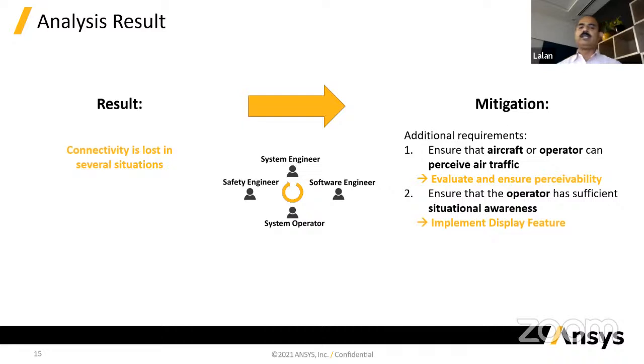They need to know that there is a loss of communication with this particular vehicle, and take the corrective action accordingly. So they need some kind of alert information. The easiest thing will be to display that information to the operator.